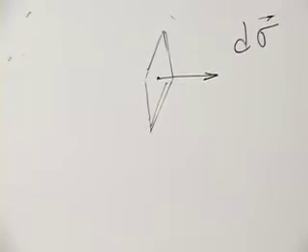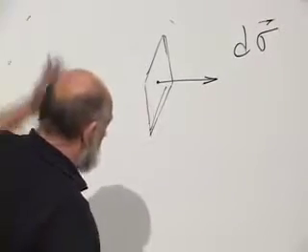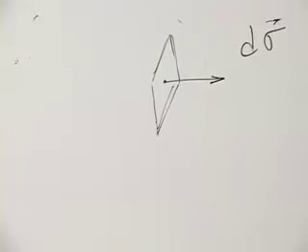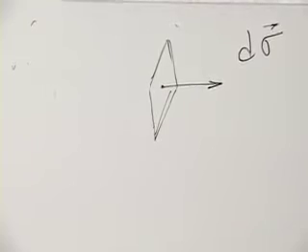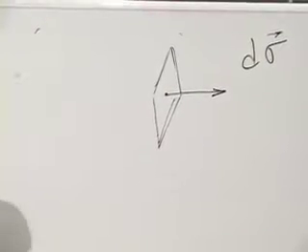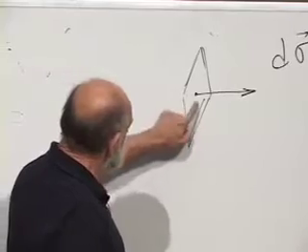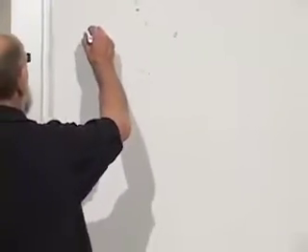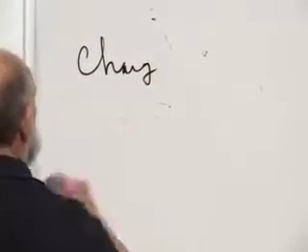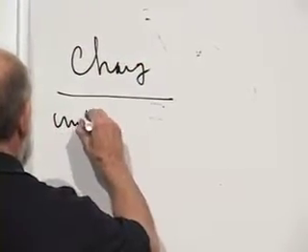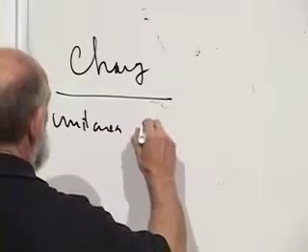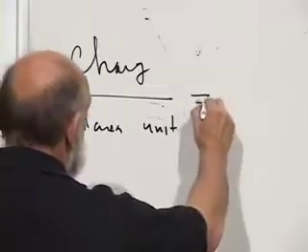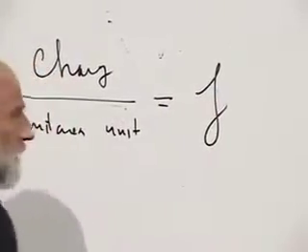If the area is made large, a larger amount of charge can flow through it. Charge per unit area per unit time through a little surface element is called the current.